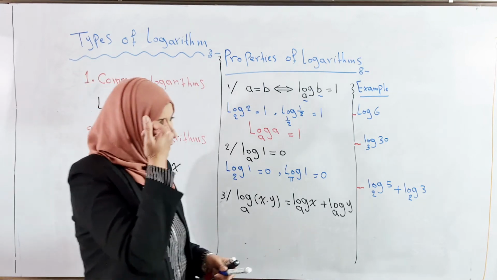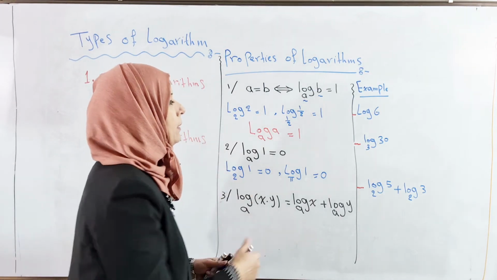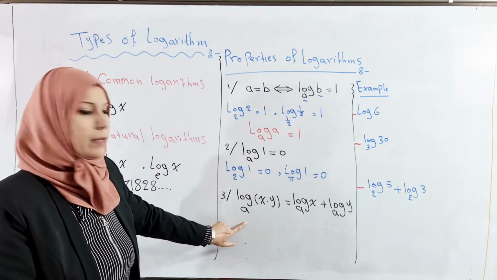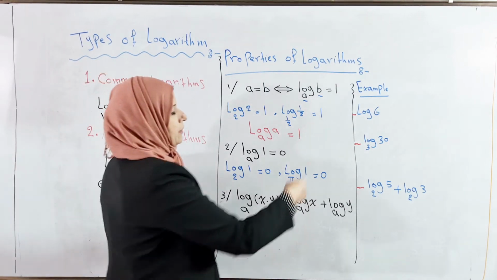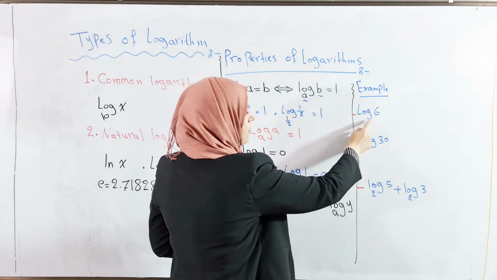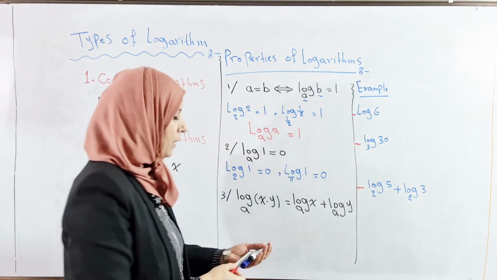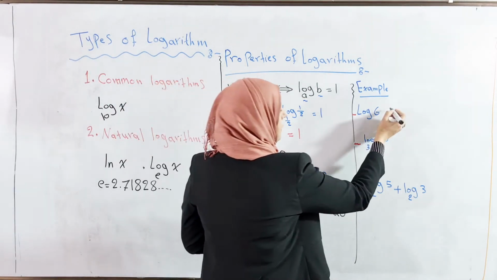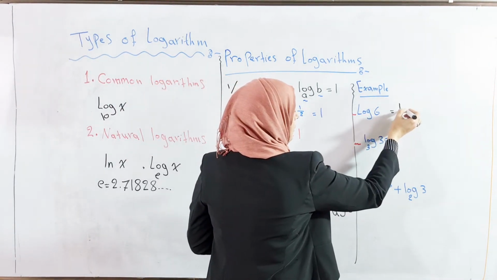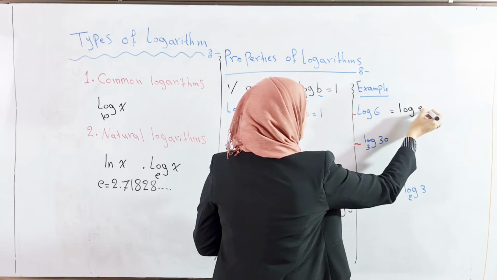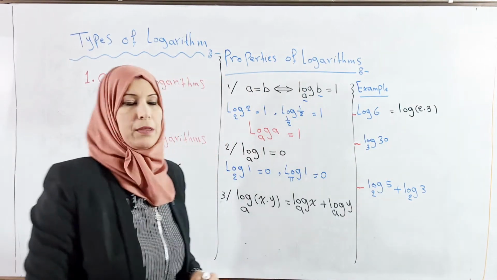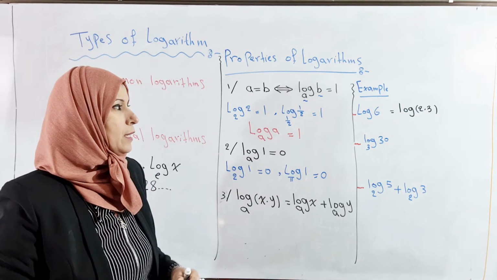ناخذ example على خاصية ثالثة, property 3. For example, find log 6. We can solve it: log 6 is equal log 2 multiplied by 3. 6 comes from 2 multiplied by 3.